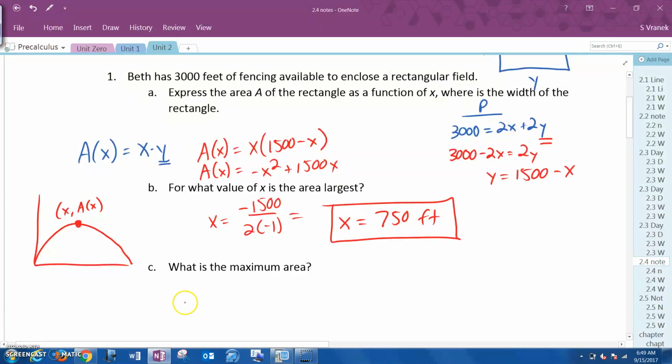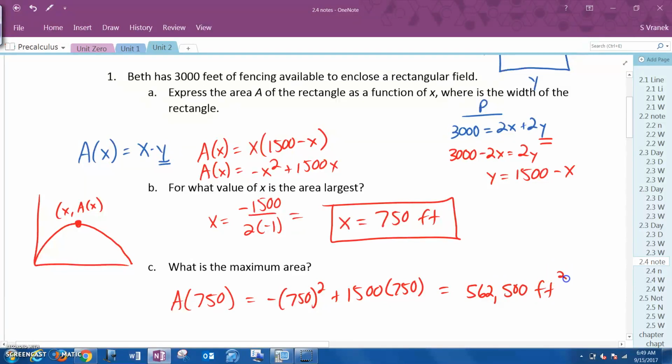Now you take that number and say, well, what is A of 750? Well, A of 750 is negative 750 squared plus 1,500 times 750. So the maximum area you would get is 562,500 square feet. Okay? That part's not that difficult.